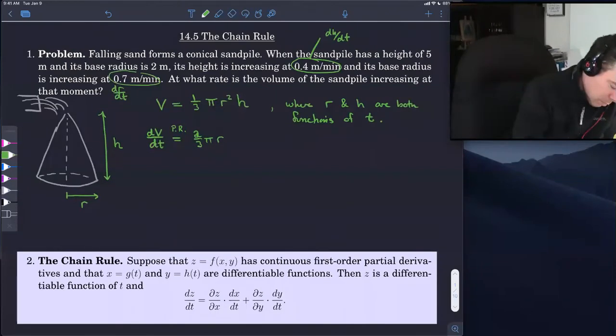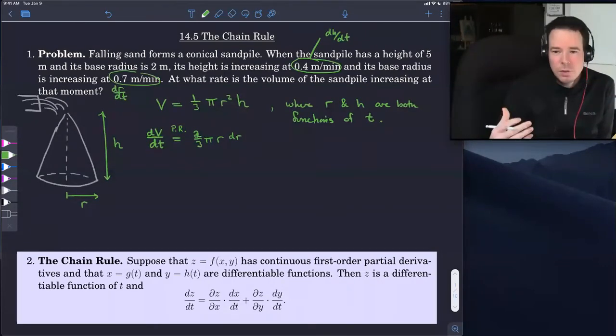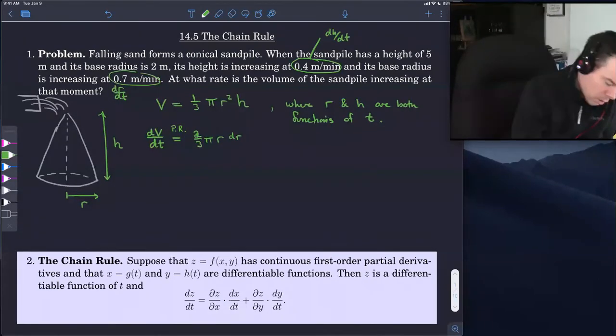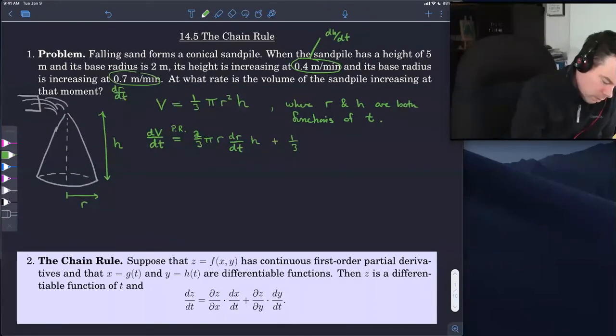But the thing I have to keep in mind is that when I take the derivative of r squared, that's the inside function being squared, and r is a function of t. So I'm thinking of this as a composition: the r of t function being squared. So the derivative of r squared is 2 times r times dr/dt. And then we multiply by the second function, which is h. That's the product rule part of it. Plus 1/3 pi, the first function, r squared, times the derivative of the second function, that's dh/dt.